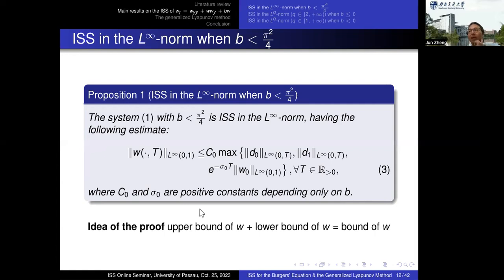Then, in the last step, we can combine these two bounds to obtain the global bound of W. So the main proof consists of three steps. This is the first step, this is the second step, and this is the last step.